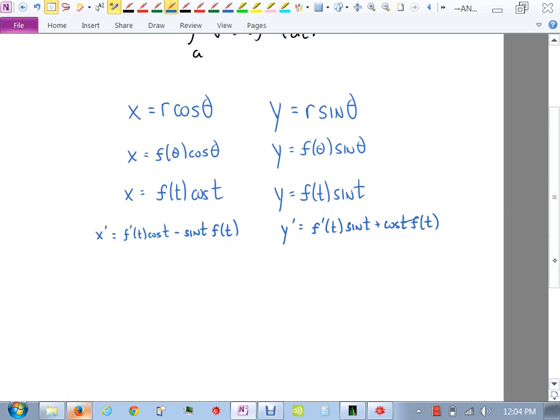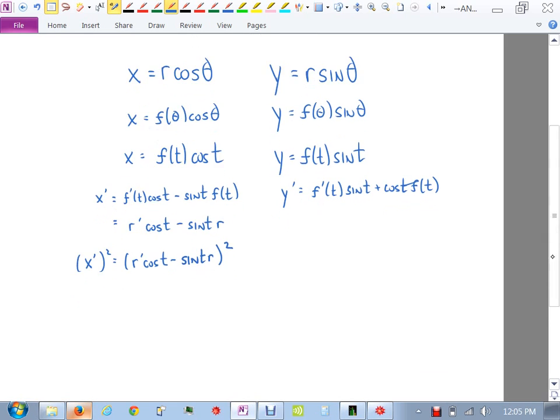But now we square them. So I'm going to take a moment to square these. I think I'll switch to r's, though. I'm going to say r prime cosine t minus sine t r. Let me square this now. That's r prime cosine t minus sine t r, squared.